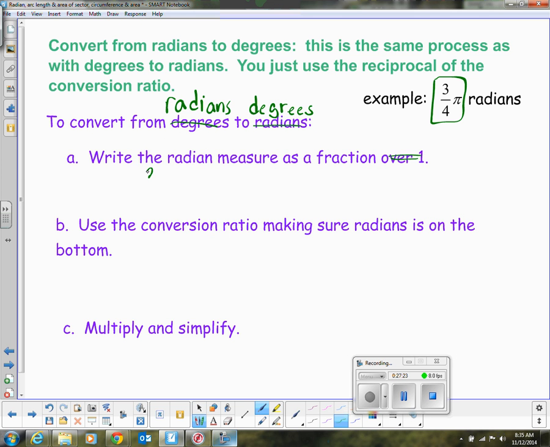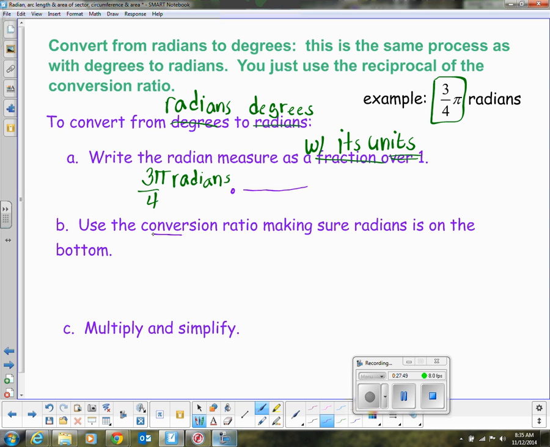So we're going to take our 3 pi over 4. But what I do want you to do is write it with its units. So write the radian measure with its units, because that's going to be important. So now, we have to make a decision as to how we are going to write our conversion.